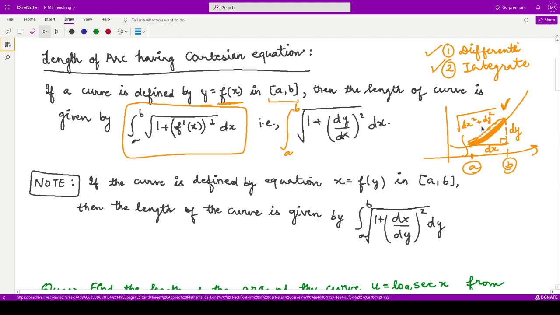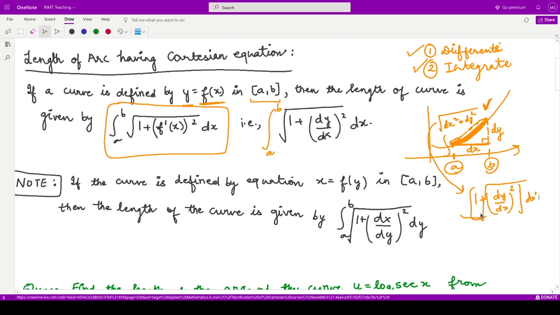So you can write this particular term by taking dx common, so it would be the square root of 1 plus dy by dx whole square, multiplied by dx. Or you can take this dx square out from this integral, so it would be the square root of 1 plus dy by dx whole square, multiplied by dx.